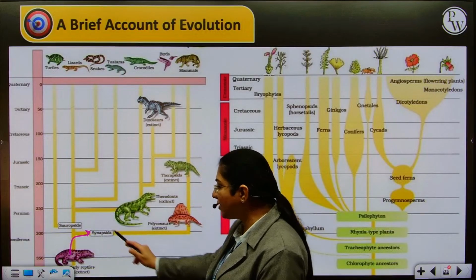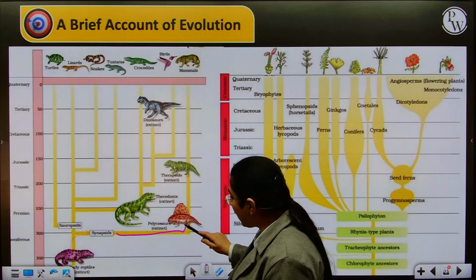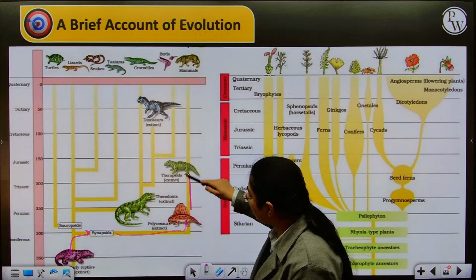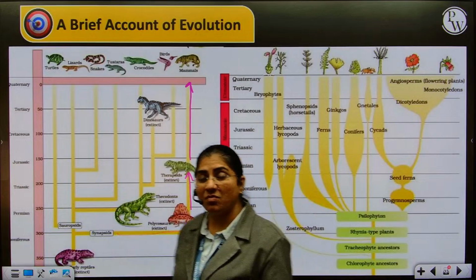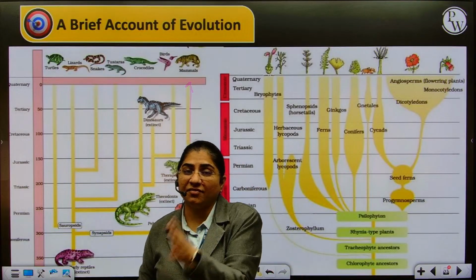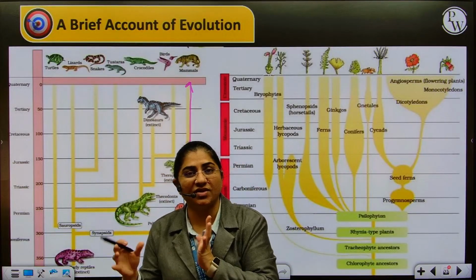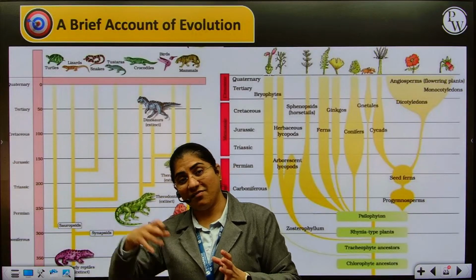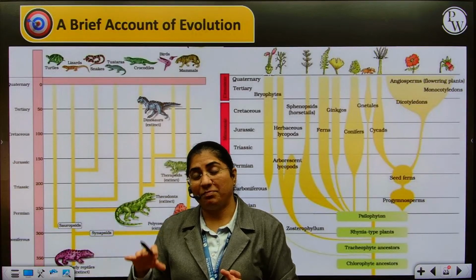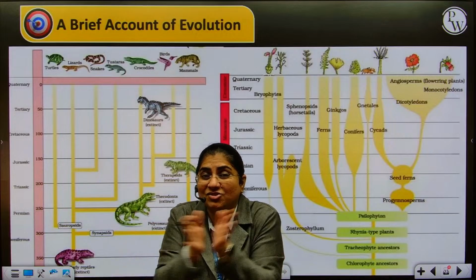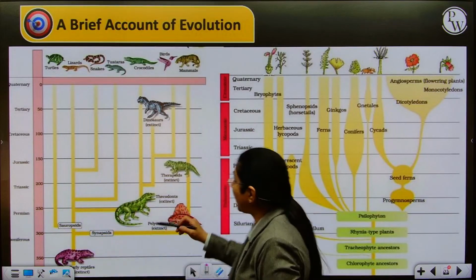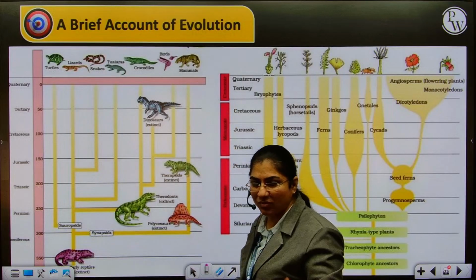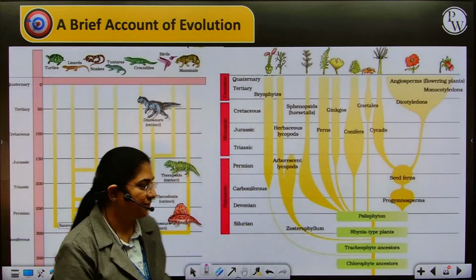Synapsid, which also evolved from early reptiles, evolved into pelycosaurs, pelycosaurs into therapsids, and therapsids into mammals. So remember, fishes eventually evolved, some of them into amphibians, then amphibians into reptiles, reptiles into birds and mammals. It's not that reptiles evolved into birds and birds into mammals. So there were two lineages from reptiles, one birds and one mammals. Okay, this is how you read this chart.